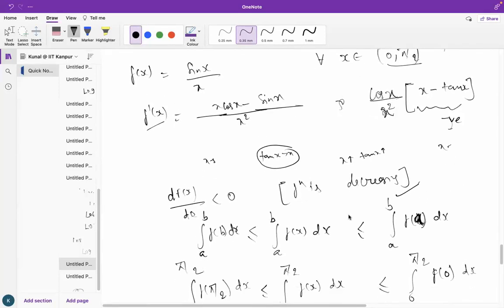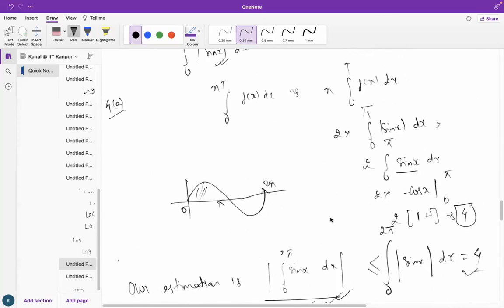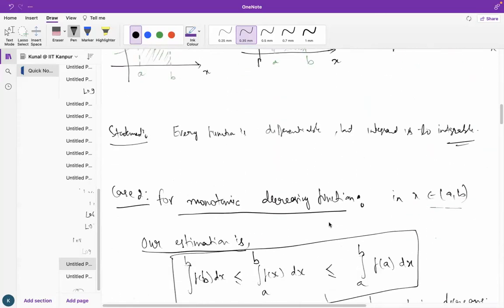Now, what we use is case number 2, which is based on when our function is decreasing. So we follow this estimation, and I use this estimation because we already proved it as well, right?